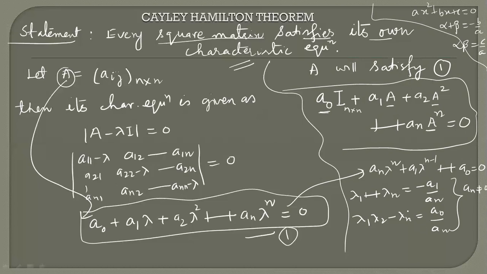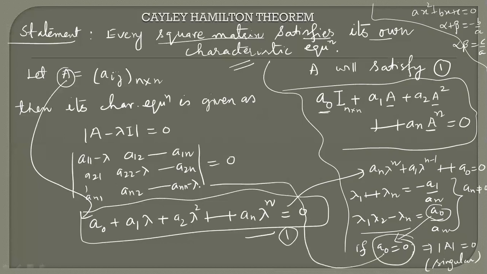Now, the interesting point is, what will happen if a0 is 0? If a0 is 0, it means the product of the eigenvalues is 0. It means the determinant is 0. It means the matrix is singular. So this is a very important point.